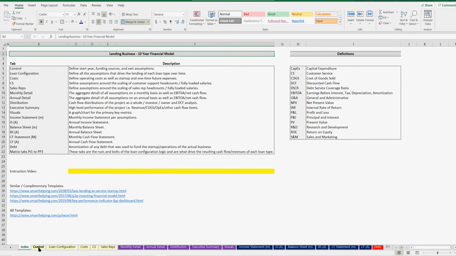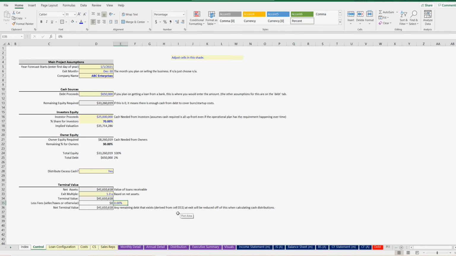So let's start with the control tab. What's defined on here? Well, the start year, the exit month if applicable. You don't have to have an exit. The name of the company, funding sources. So any debt proceeds, equity requirements. This is the total of the startup cost plus any negative cash flows, the accumulation of any negative monthly cash flows.